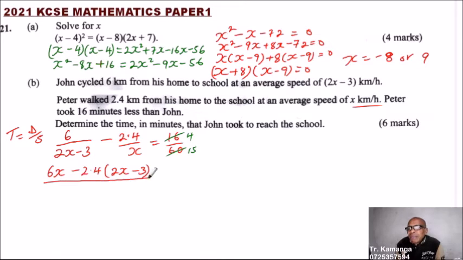All this is divided by 2x minus 3, and you multiply by x is equal to 4 divided by 15.